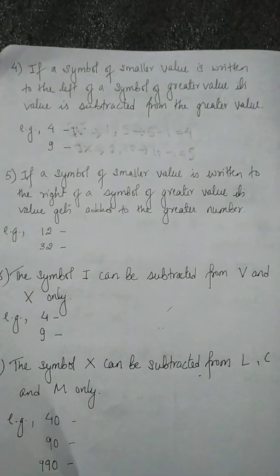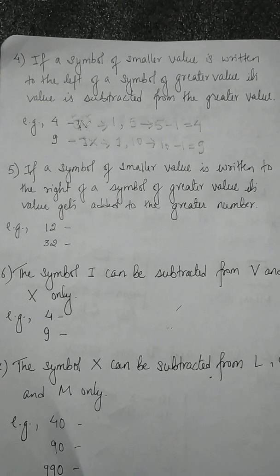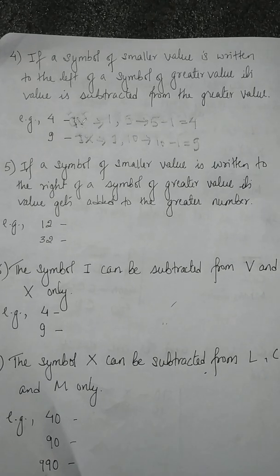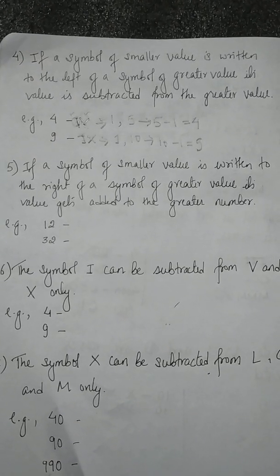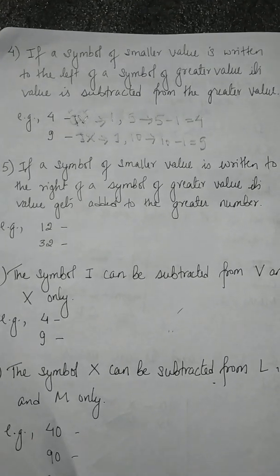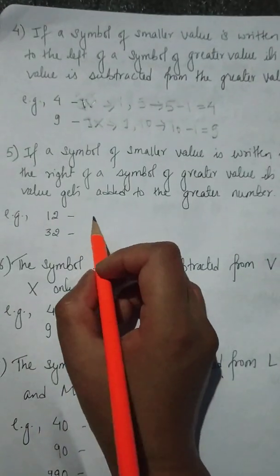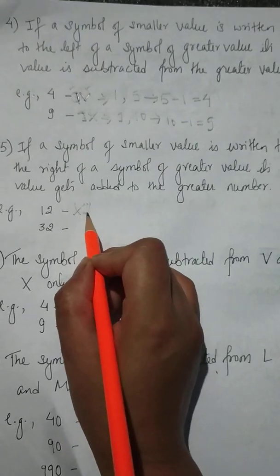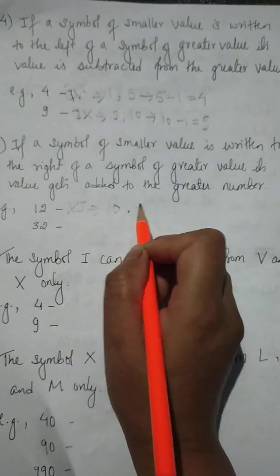Now the next rule, that is rule number 5. In rule number 5 we have: if a symbol of smaller value is written to the right of a symbol of greater value, its value gets added to the greater value. It means this is just opposite to rule number 4. 12. 12 is written as X, I, I. So X is for 10 and II is for 2.